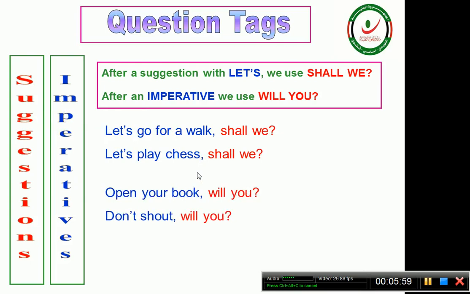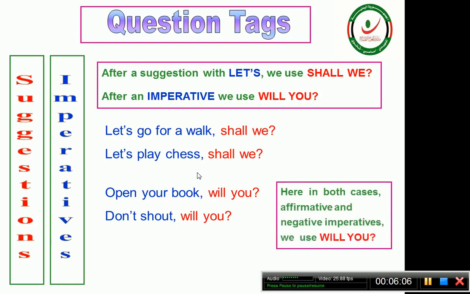Open your book, will you? Don't shout, will you? Here, in both cases, affirmative and negative imperatives, we use will you. That means in the imperative statement, if the statement is affirmative or negative, we always write the question tag will you.